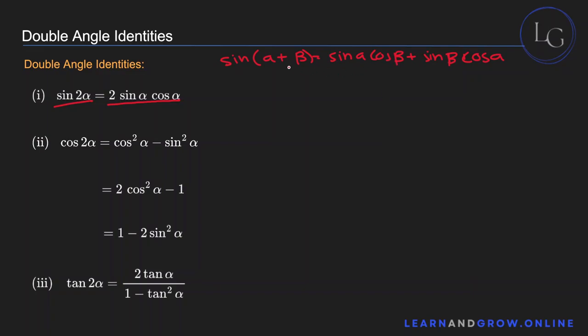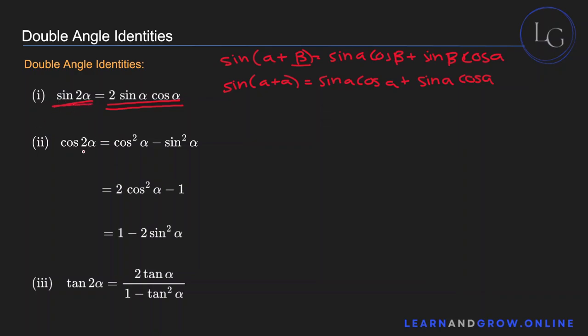Now if you replace this beta with another alpha, it becomes sine of alpha plus alpha, and that becomes sine alpha cos alpha plus sine alpha cos alpha, which is equal to 2 sine alpha cos alpha, and hence you have the proof for sine 2 alpha.